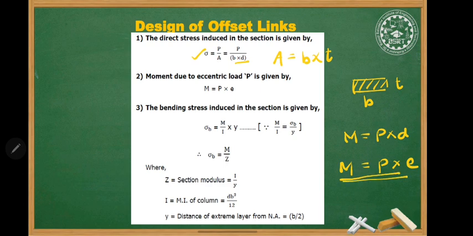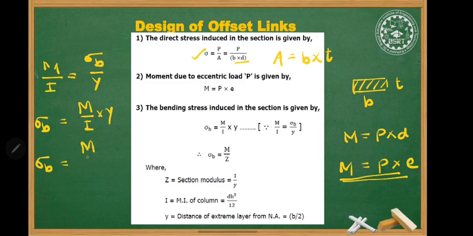The bending stress in the section is calculated using the bending stress equation, that is M by I is equal to sigma B by Y. So sigma B is nothing but M by I multiplied by Y. Therefore sigma B is equal to M by Z, where Z is the section modulus, which is the ratio of inertia to the distance of the extreme layer from the neutral axis, that is I by Y. I is the moment of inertia of the column.